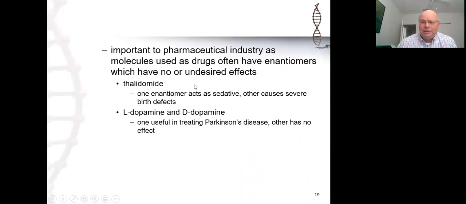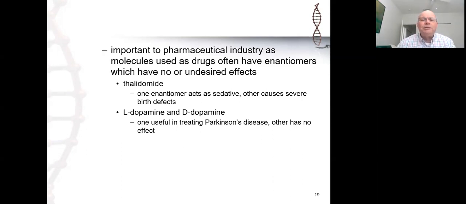So biologically and pharmaceutically, these have consequences. So in the case of amino acids, life makes and preferentially uses the L version, the left-handed versions of amino acids. And that's important because it's a product of cellular chemistry.